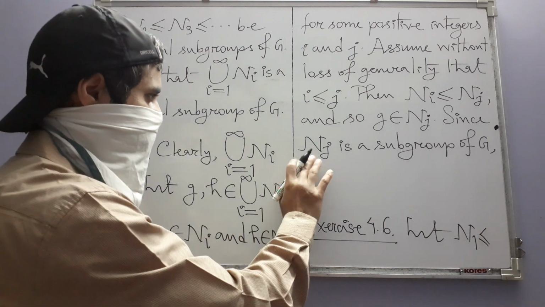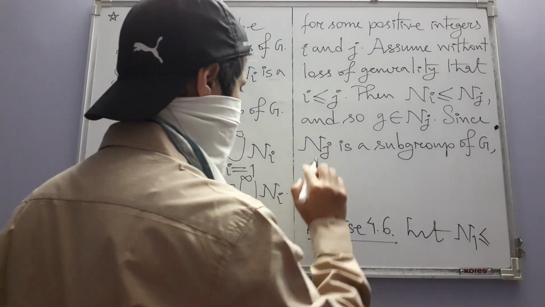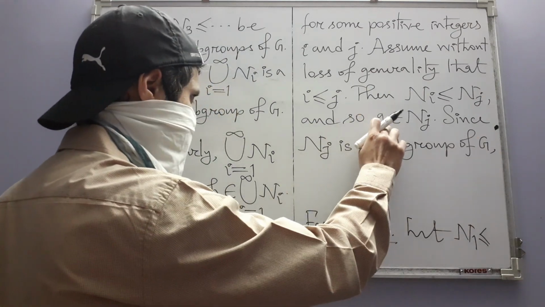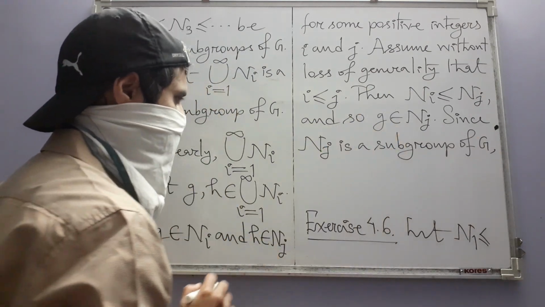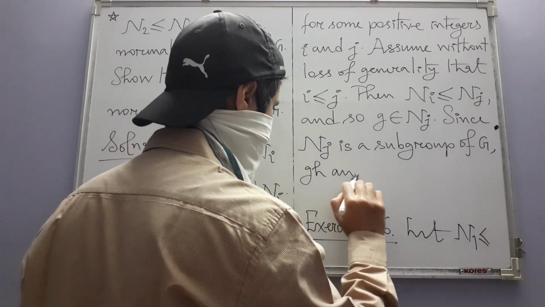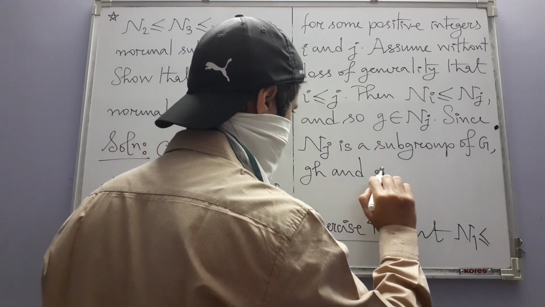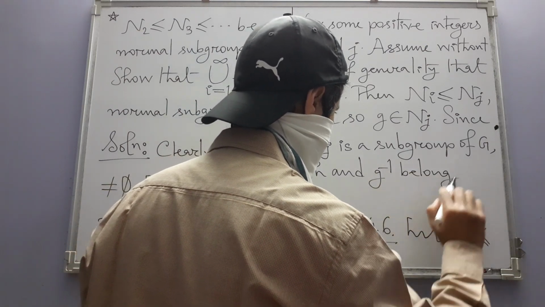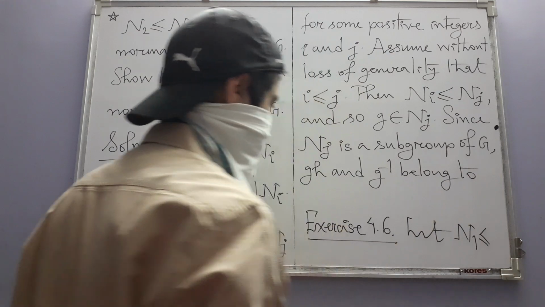We only need the fact that it is a subgroup. So because it's a subgroup of G and G and H are elements in it, GH and G inverse both belong to Nj.